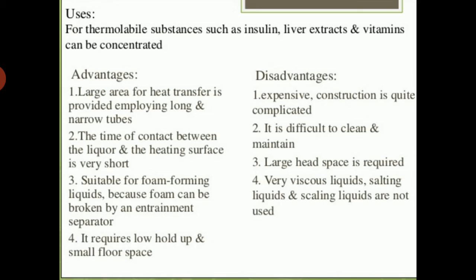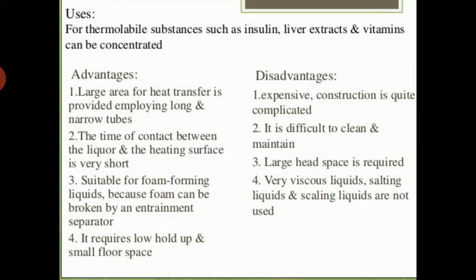The horizontal tube evaporator is best suited for non-viscous solutions that do not deposit scales or crystals on evaporation, for example cascara extract. Advantages are: the cost per square meter of heating surface is usually less in the horizontal tube evaporator.